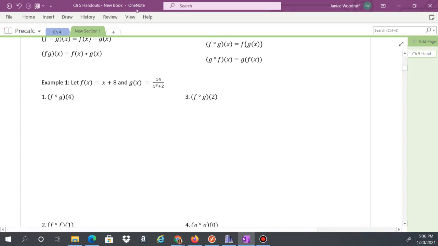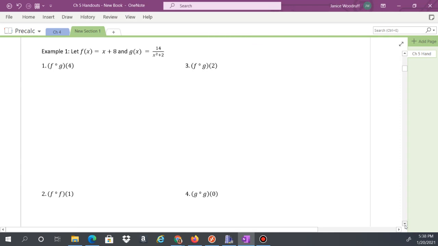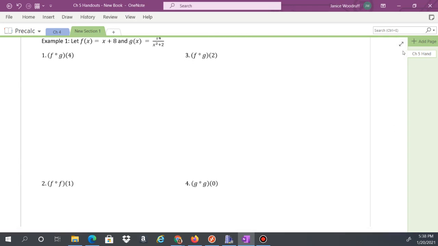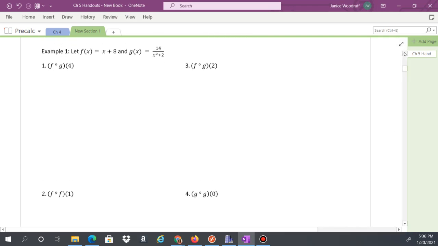Let's start with these examples, where f of x is x plus 8, and g of x is 14 over x squared plus 2. So we have f of g of 4. I'm going to write this like this, f of g of 4.